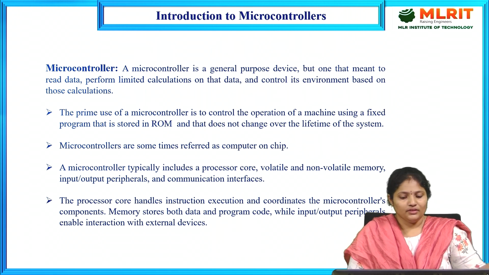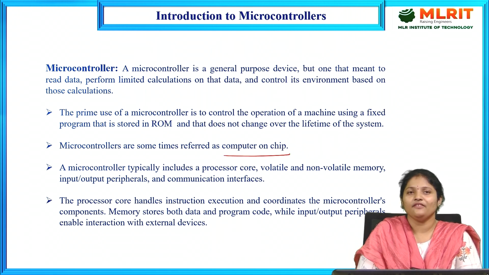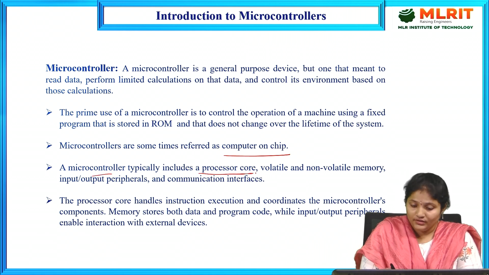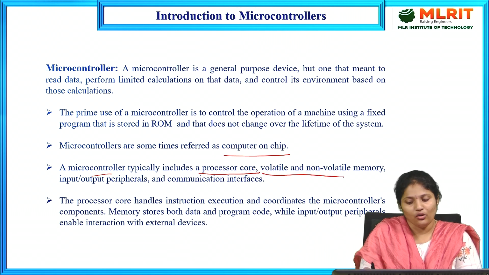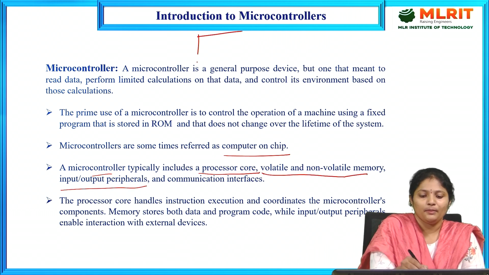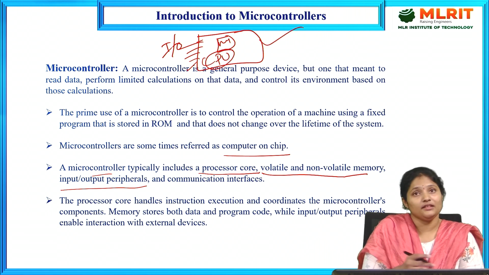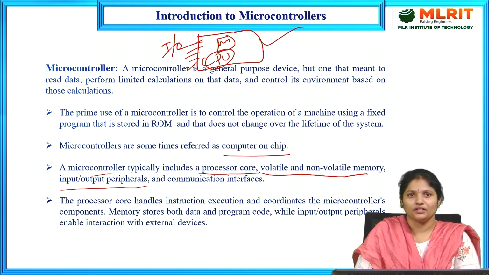Sometimes microcontrollers are referred to as a computer on a chip because everything is in the same single chip. A microcontroller has a processor core, volatile or non-volatile memory, and input-output peripherals. So a microcontroller has input-output peripherals and a memory unit along with the CPU. Completely, this can be said to be a microcontroller.